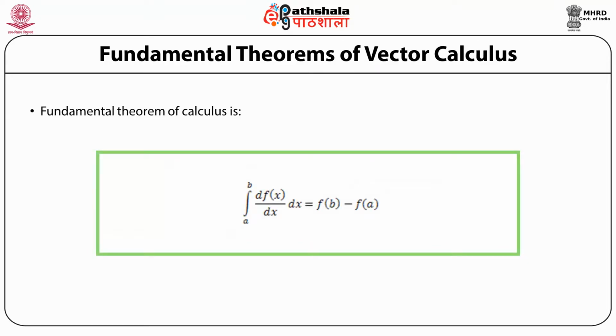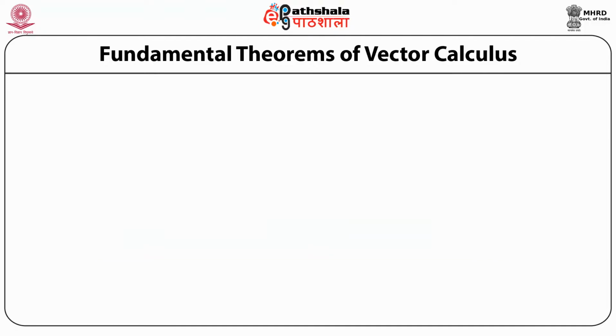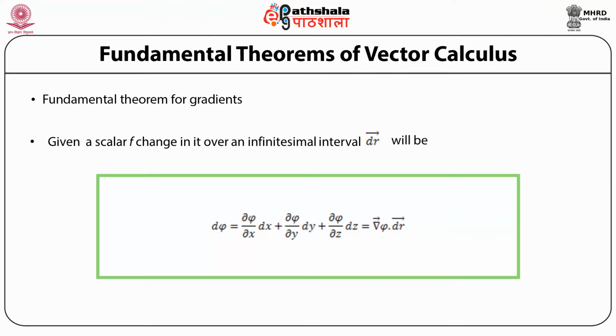The fundamental theorem is integral from a to b of df(x) divided by dx into dx equal to f(b) minus f(a). So given a scalar phi, the change in it over an infinitesimal interval dr will be d phi equal to del phi by del x into dx plus del phi by del y into dy plus del phi by del z into dz, equal to del phi dot dr.